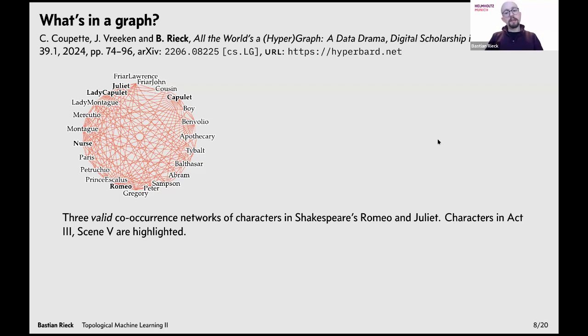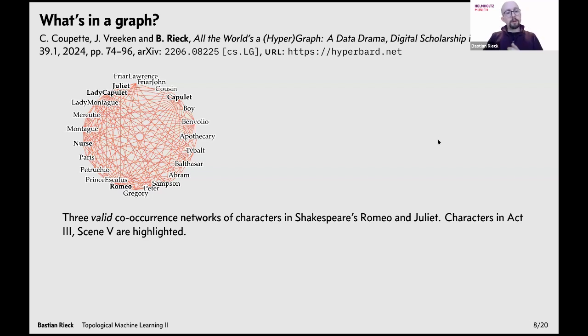The point of doing this is that we wanted to highlight how much your modeling decisions influence the outcome of the graph construction as such. To this end, we looked at plays by William Shakespeare, mostly because they were available in a good format. They were in the public domain, and they're sufficiently old that we don't get into any trouble with anyone.